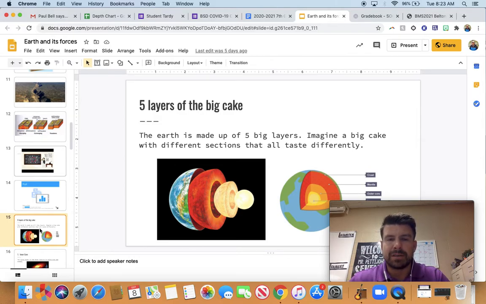So when we say there's a crust, mantle, outer core, inner core, and an atmosphere, no one's ever dug deep enough down to actually reach the core or the mantle. There's a lot of science that leads us to believe that this is accurate, but again, there could be something else down there that we're not entirely sure about. But the best science shows us that the Earth is made up of several different layers, and we're going to learn about that right now.